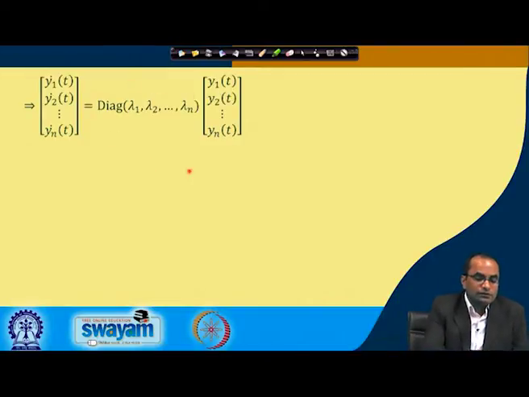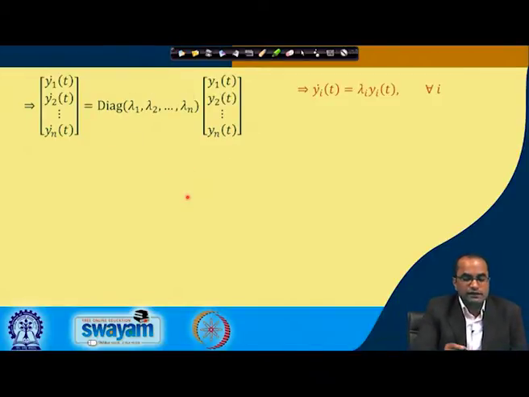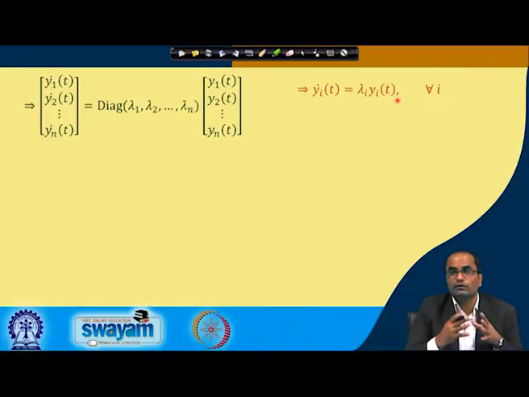Now, if we look at this multiplication, we get n equations, and they are decoupled now, because multiplying by the diagonal entries gives lambda 1 y1, lambda 2 y2, up to lambda n yn, with the derivatives of y1, y2, y3, up to yn on the left.